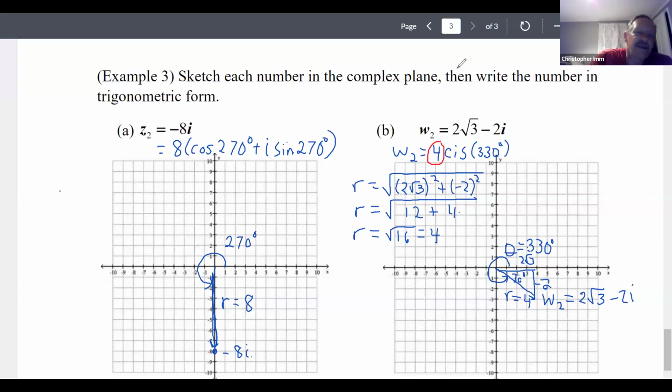Now, if we want to find theta, we can find a reference angle by using inverse tangent. So I'm going to use inverse tangent of opposite over adjacent. That's negative 2 over 2 root 3. I'm going to throw this into degree mode. So if I do inverse tangent of negative 2 over 2 square root of 3, make sure I put that in parentheses. It gives me negative 30 degrees.